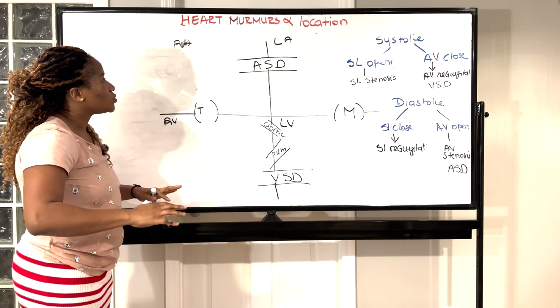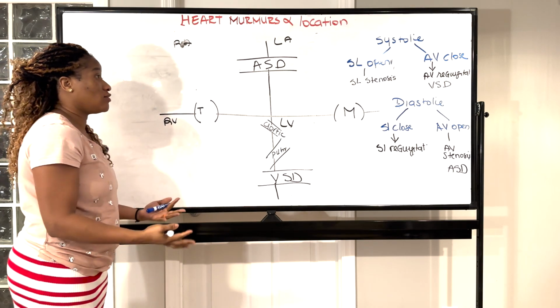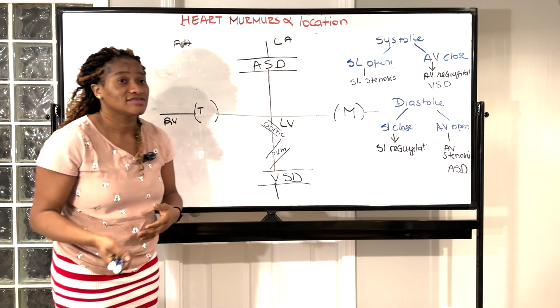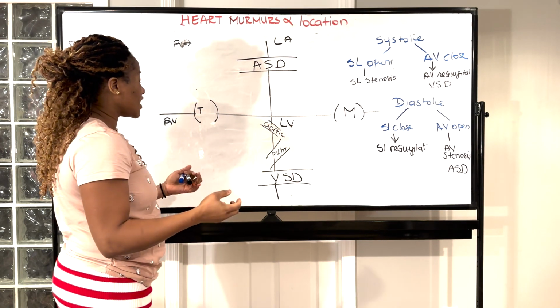And we also have a continuous murmur that happens through the whole cardiac cycle, in both systole and diastole. And it's going to be your patent ductus arteriosus.